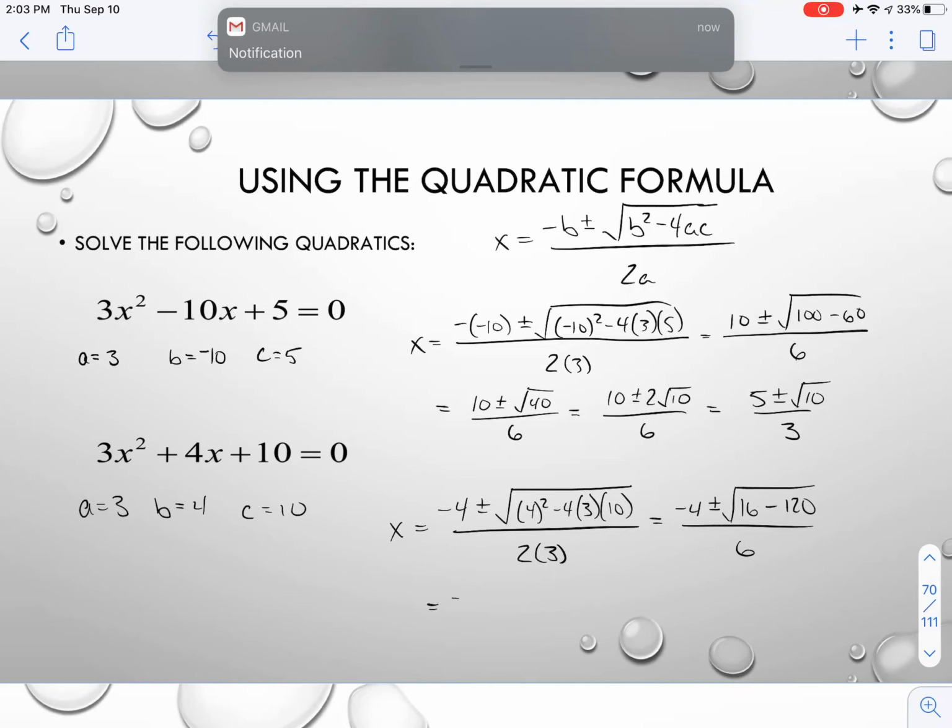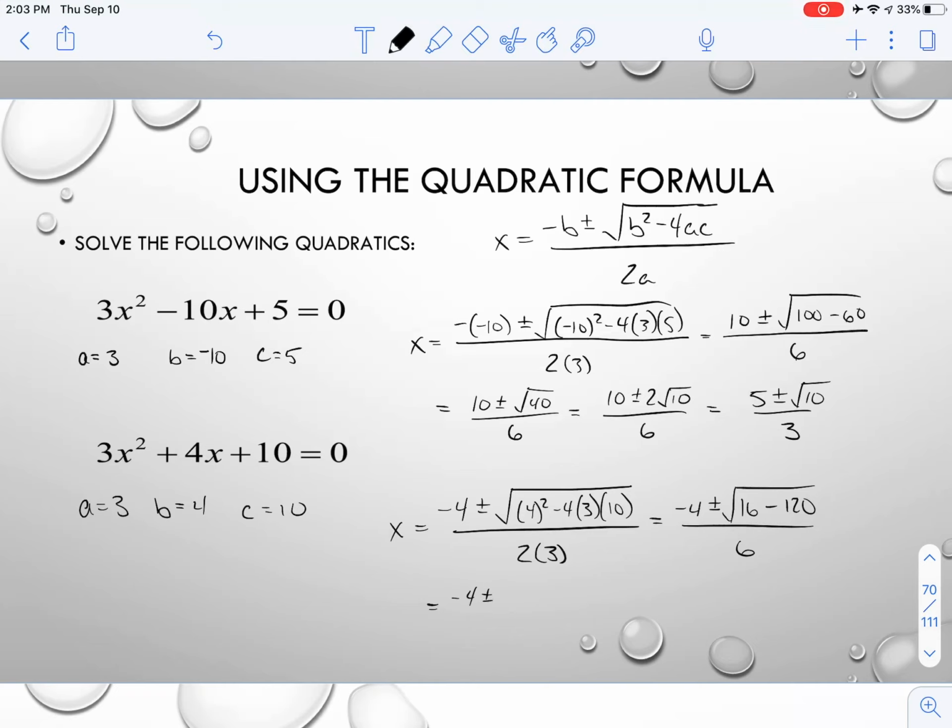So I can simplify here. We're going to have negative 4 plus or minus the square root of negative 104 divided by 6. So we want to break down the square root of negative 104.